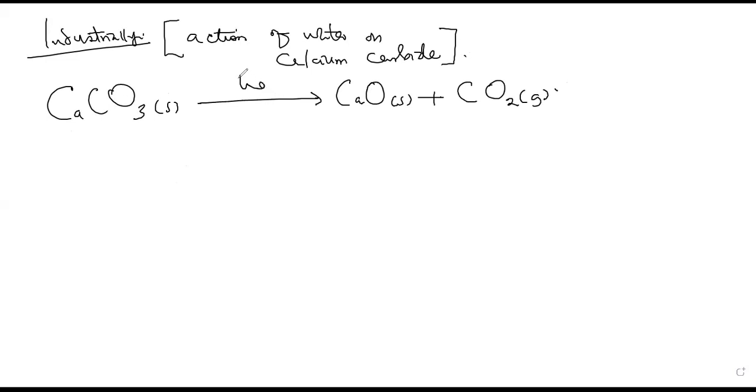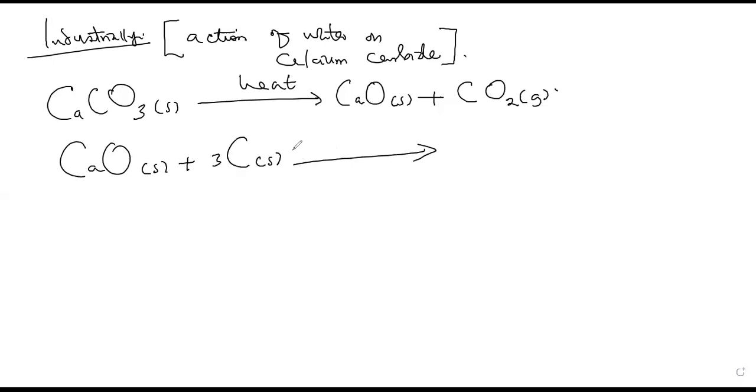Then that calcium oxide we have formed is reacted with excess coke or carbon, at temperatures between 2000 and 3000 degrees Celsius. This would produce for us calcium carbide.